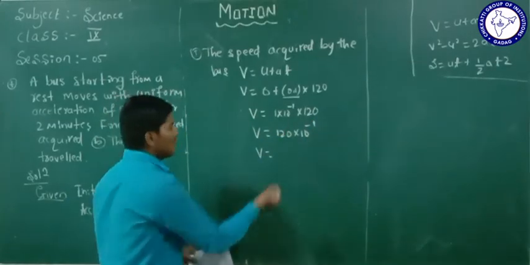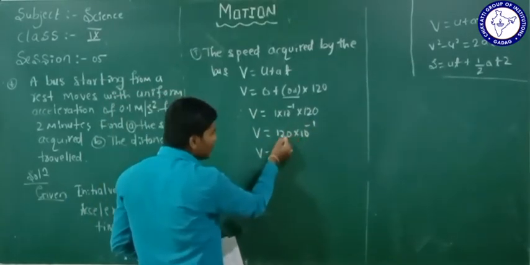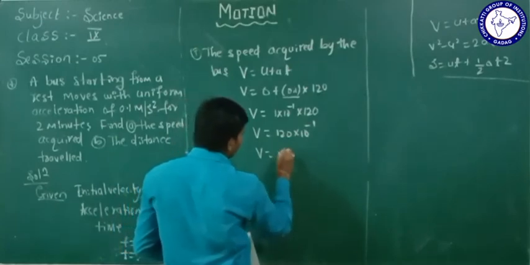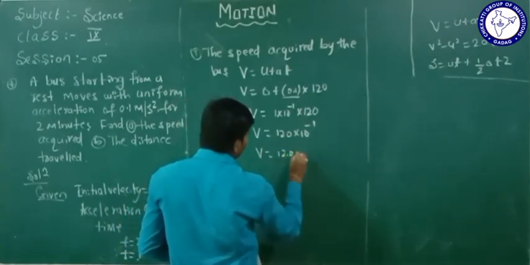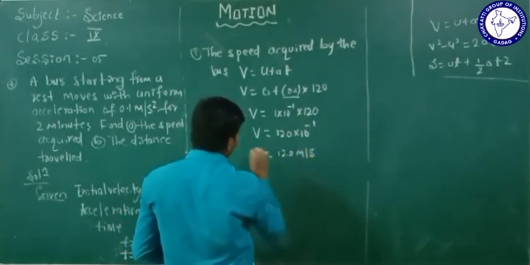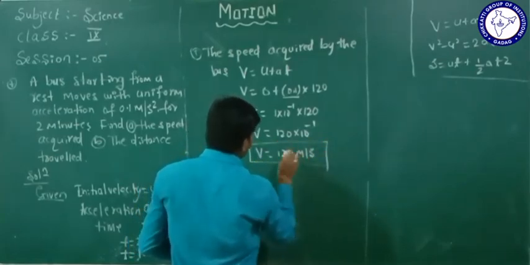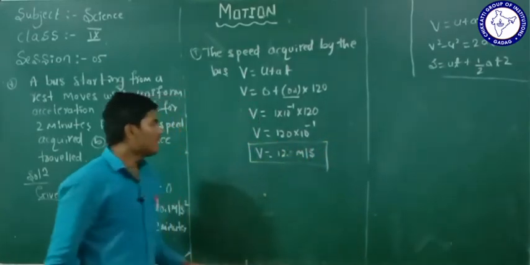So we have to shift the decimal point, and that is equal to 12.0 meter per second. That is, v is equal to 12 meter per second.